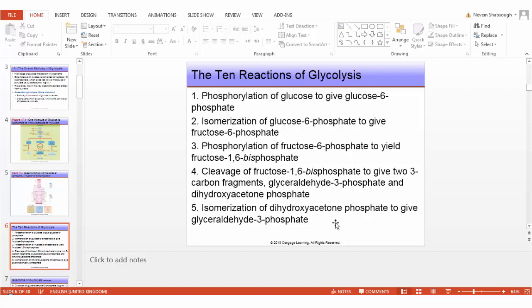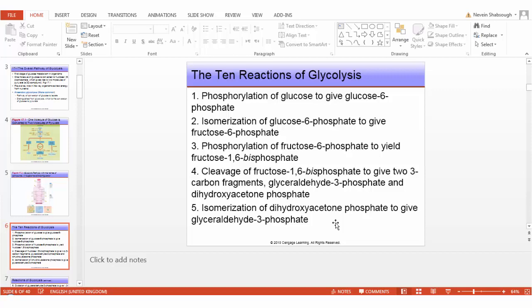The second reaction is isomerization of glucose 6-phosphate to fructose 6-phosphate. Glucose and fructose are both hexoses, but glucose is an aldohexose and fructose is a ketohexose, so you need an isomerase enzyme, as we will see.